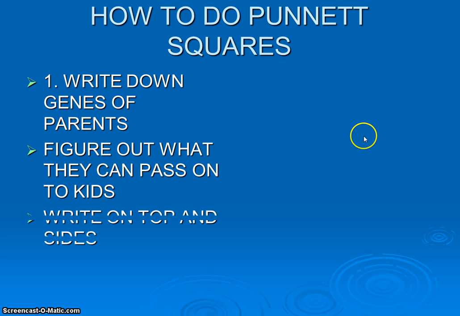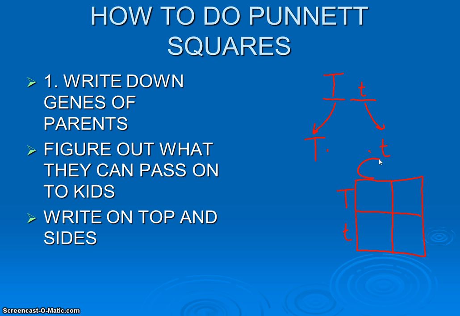And the last step is that we take the alleles that we're passing on and write them on the tops and sides of the squares. Each parent will go along one side of the square. So this parent right here can pass on, we'll stick them on this side of the square, either that big T, or the other option is to pass on a little t. There we go. Easy as pie.